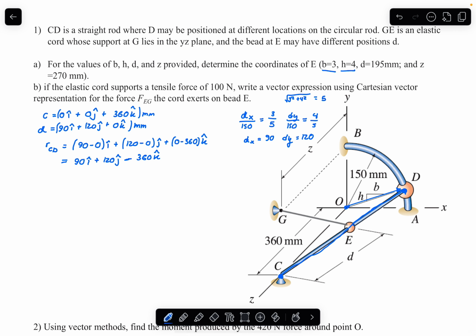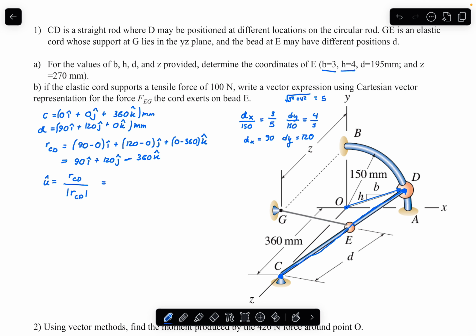Now, from here, we are able to figure out our unit vector. The formula for the unit vector is just the vector itself divided by its magnitude. To find the magnitude, you just have to square all these numbers and then take the square root of it.